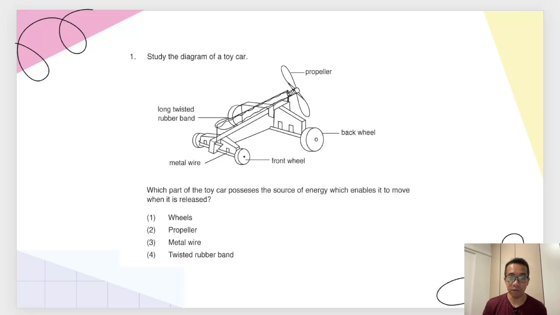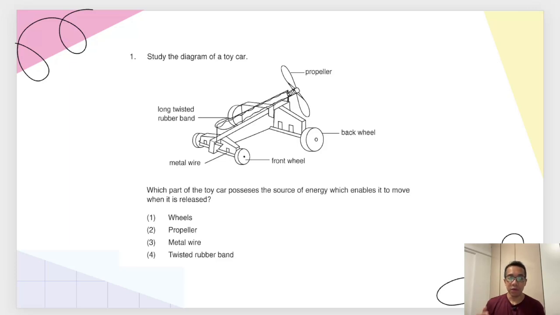rubber band itself. If you were to look at the diagram there and imagine there being more twists in the rubber band itself, seeing how the rubber band is actually connected to the propeller, if the rubber band is twisted a lot more, it will cause the propeller to spin a lot more and for a longer period of time.